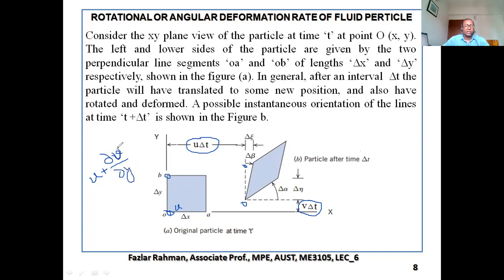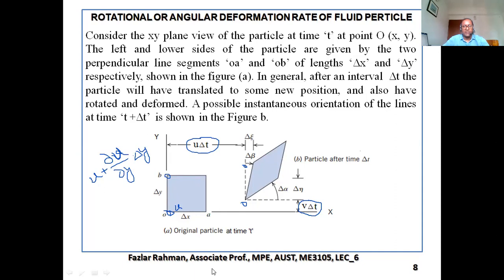This is not v, okay? Del u by del y into delta y. So that is why B travels more distance than point O.